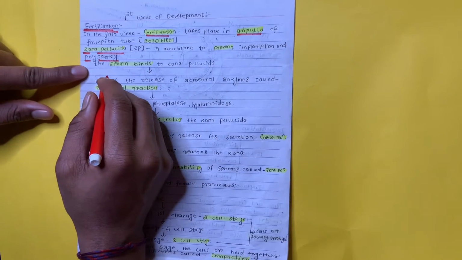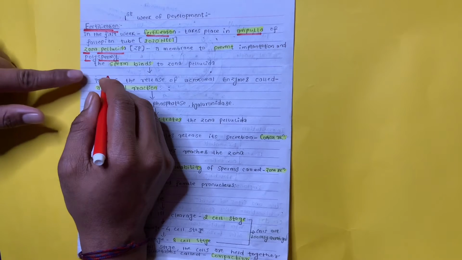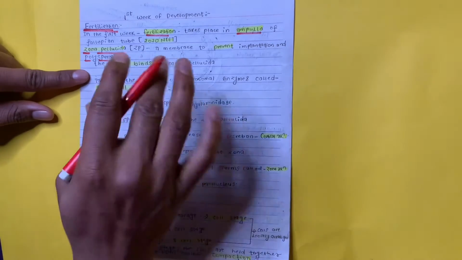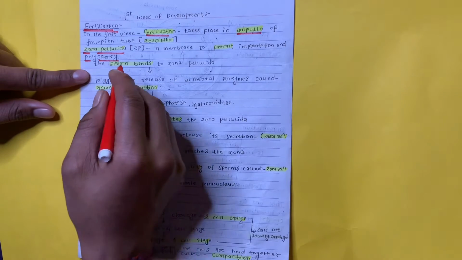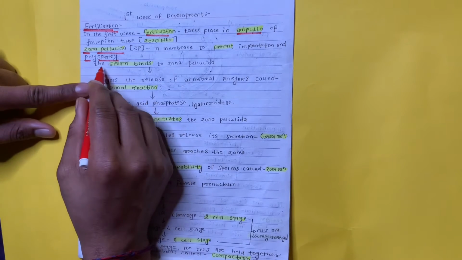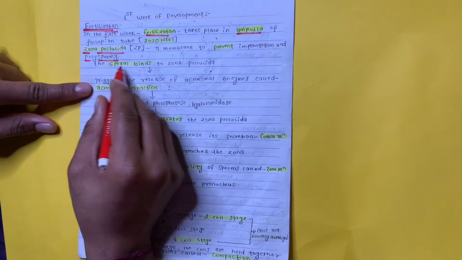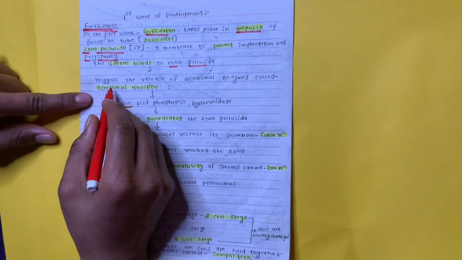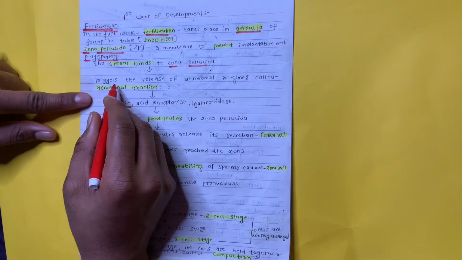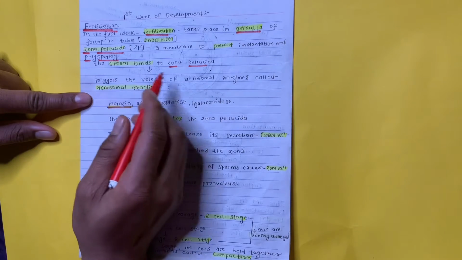Now let's discuss the cascade, the pathway or sequence of fertilization. First of all, the sperm binds to the zona pellucida. What happens when the sperm binds to the zona pellucida?